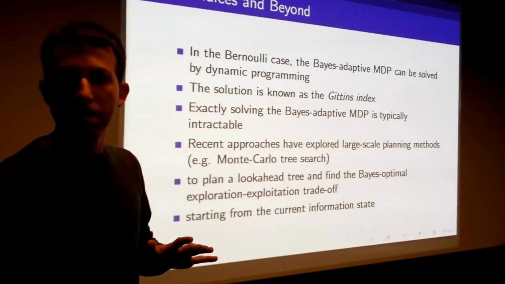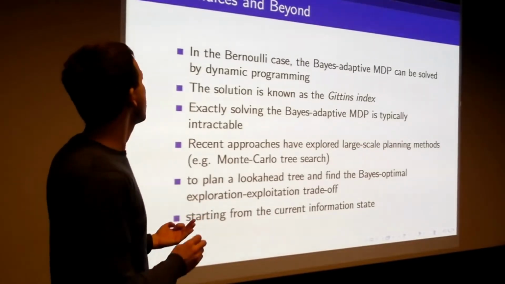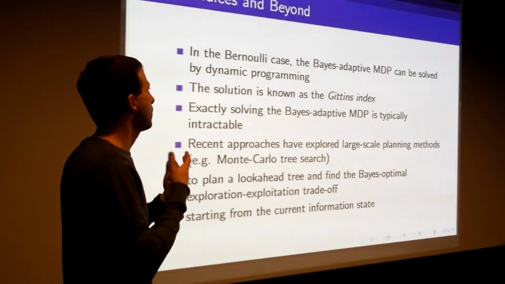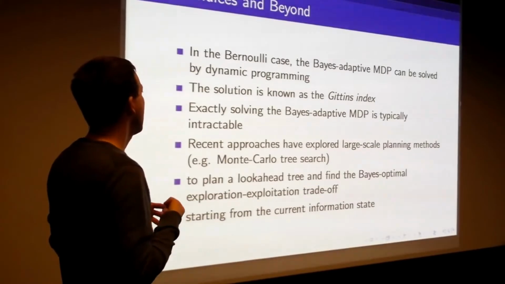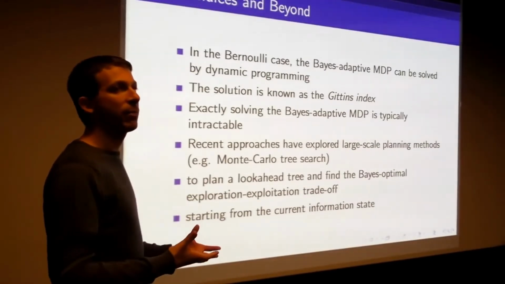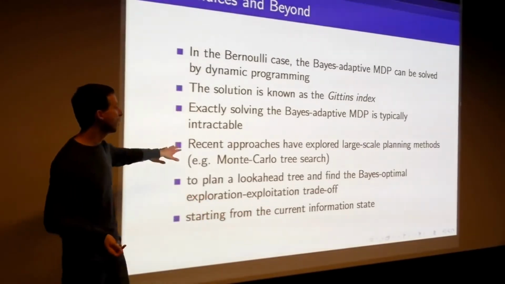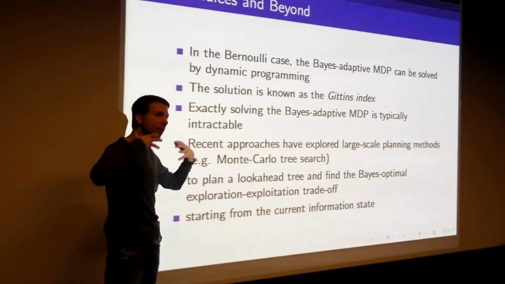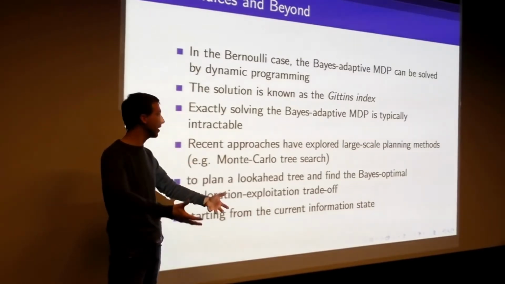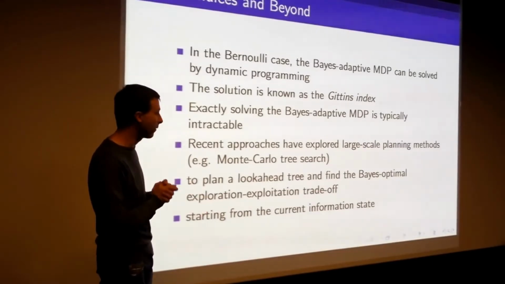Okay. So the exact solution to this problem can be computed by dynamic programming. It's known as the Gittins index. But it's also possible to find this in a more tractable way. For example, we use Monte Carlo tree search to come up with a very tractable approach to this very large information state space search, and that works very well in a lot of exploration-exploitation trade-off problems.